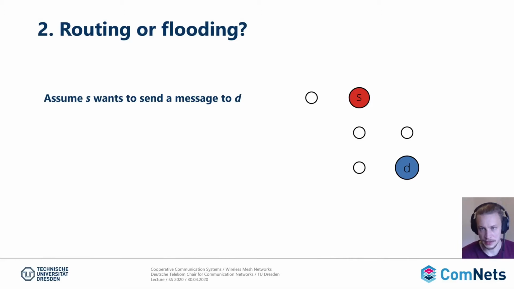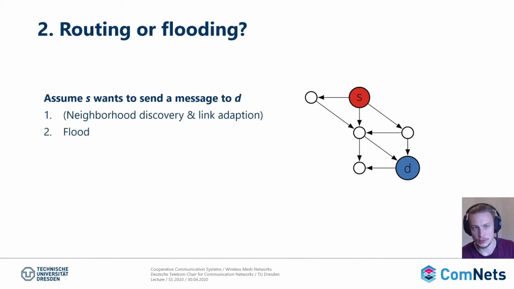No one is aware of the other nodes, and what flooding would do now is not even necessarily, it can, but it doesn't have to discover its neighbors or do link adaptation, but just flood the message in the network. This means that the source would just send out the message to any of its neighbors, broadcasting it, and they would repeat it a set number of times.